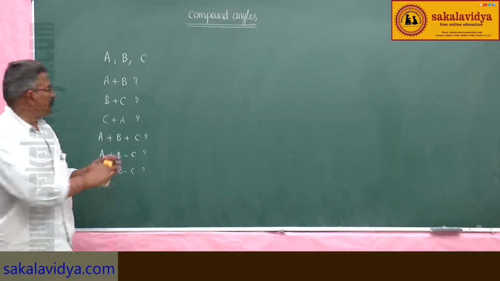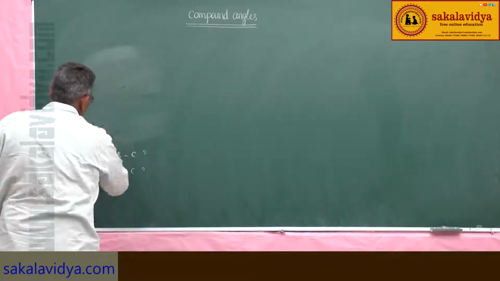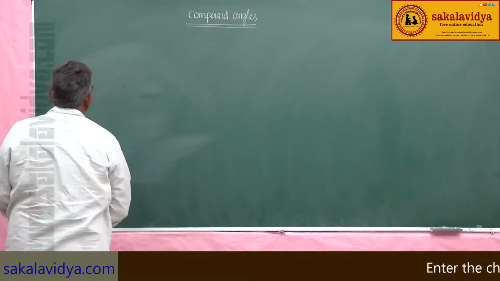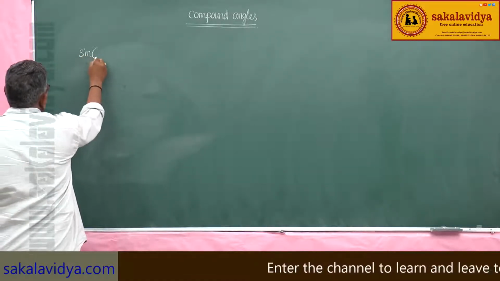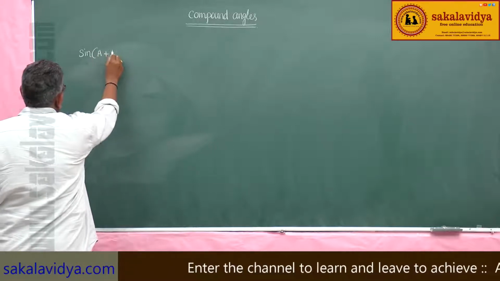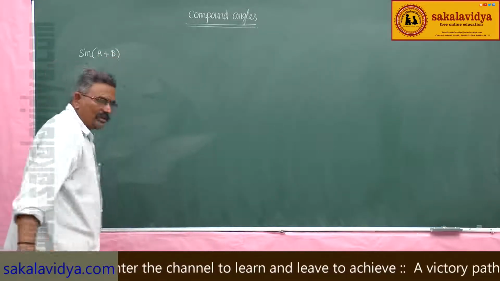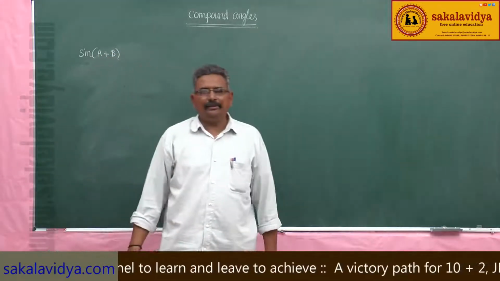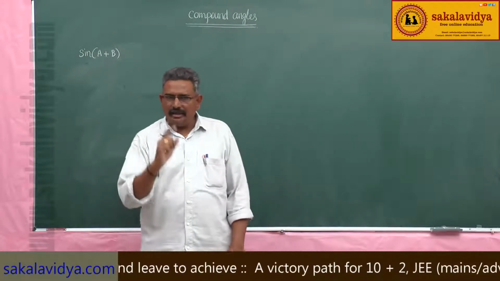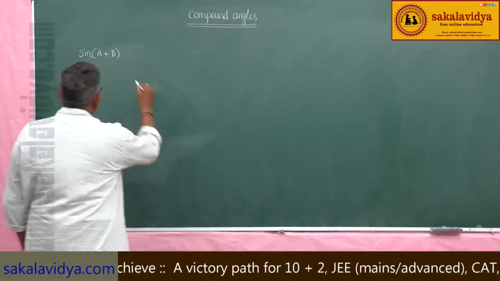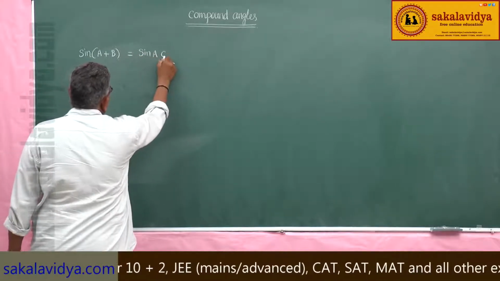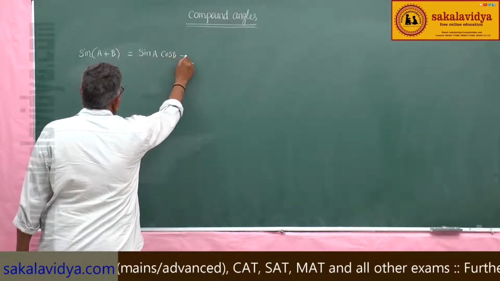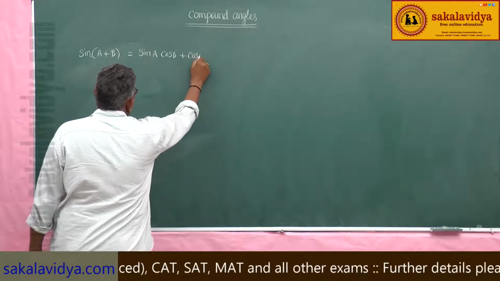So, first we have sine of A plus B. Generally, we might suppose that sine of A plus B means sine A plus sine B. No, the sine of A plus B is equal to sine A cos B plus cos A sine B.